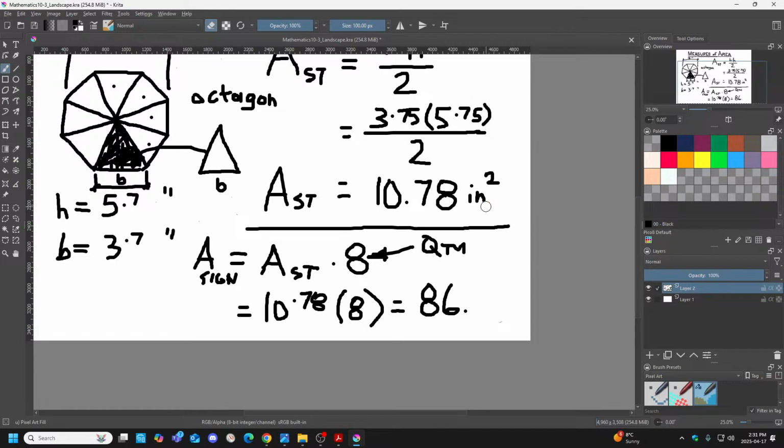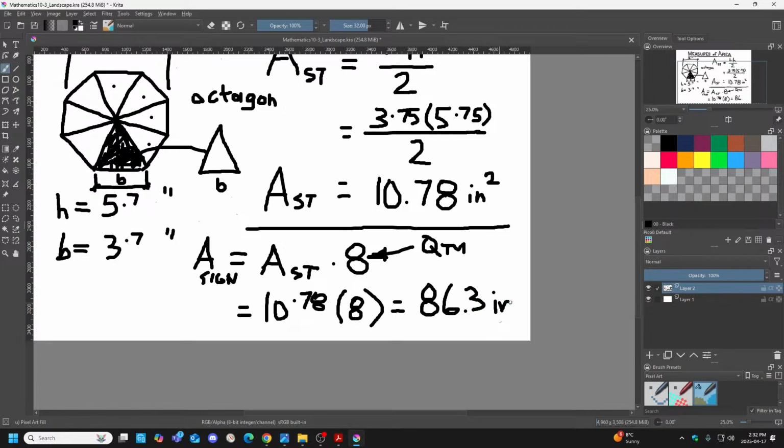So rounding up, right? 0.3. 32.3, and there we go.